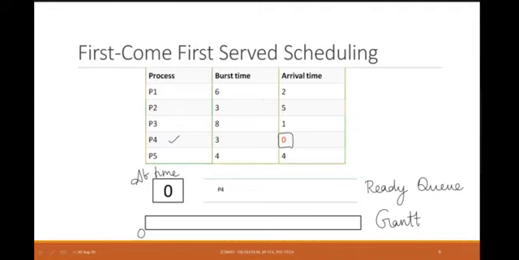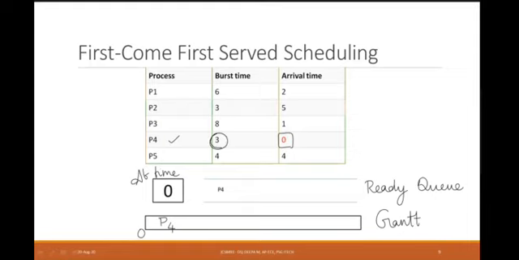Shall we put it onto your CPU? This process has arrived in my ready queue at time 0. Because no other process is being executed on my CPU, I move process P4 directly from the ready queue to the CPU. How long should P4 occupy the CPU? That is given by my burst time.